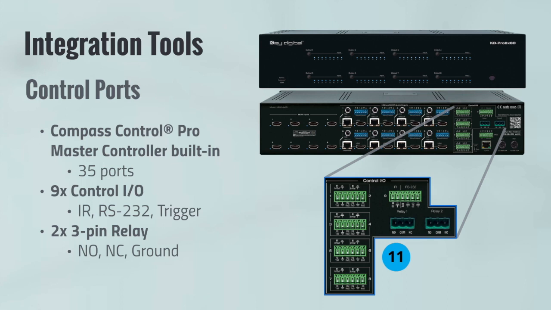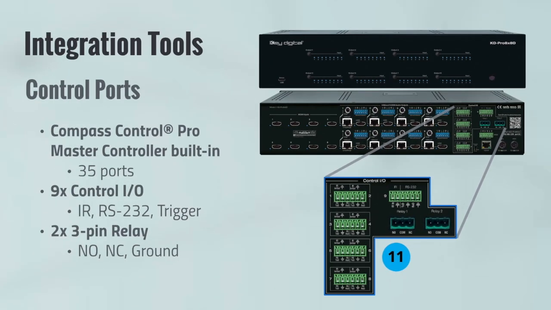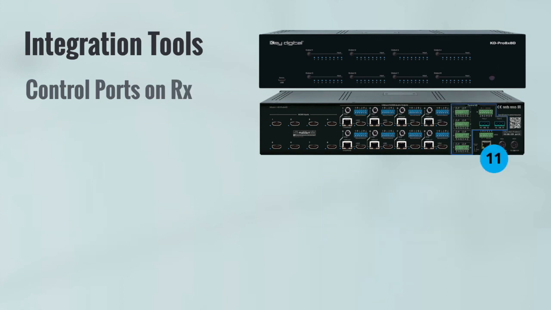There's a total of 35 Compass Control ports built in, 9 of which are on the Control I/O section, including 2 3-pin relays. These connections are ideal for connecting in-rack equipment like cable boxes and source equipment or other controllable devices in your equipment rack with just localized copper connection.